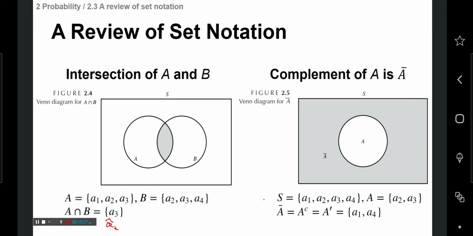And what about the right side? A union B is here, and A union C is here. And what is the intersection of A union B and A union C? From here, the intersection area is this area. So the result is this.